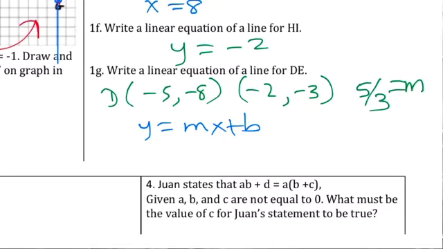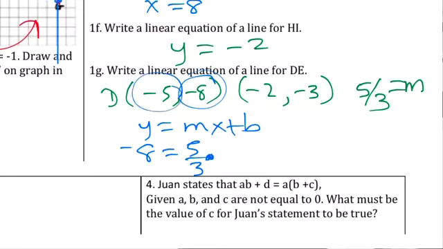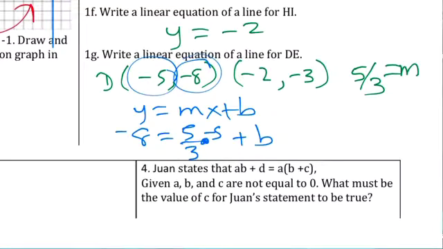We're going to use one of the points, let's say y is -8, equals m is 5 over 3, times x is -5, plus b, we don't know. So we get -8 equals -25 over 3 plus b.